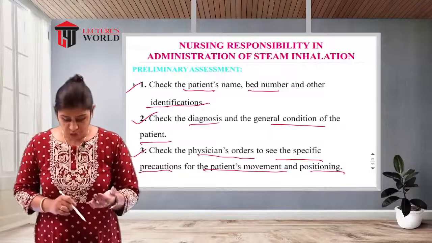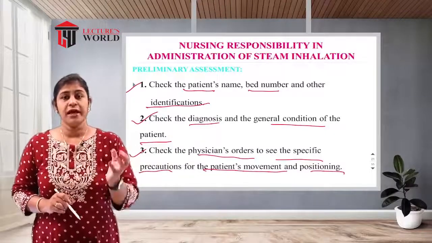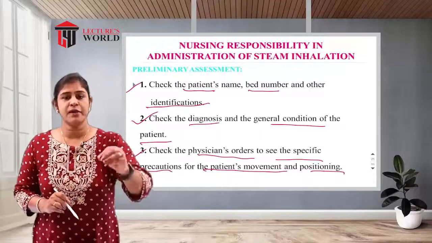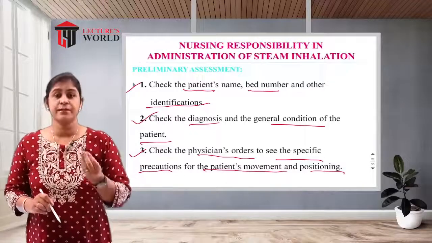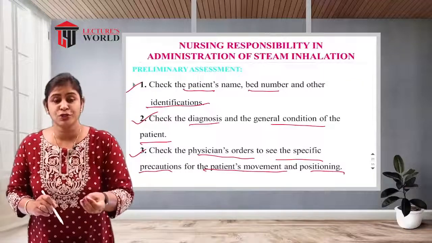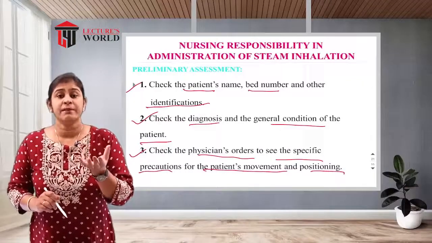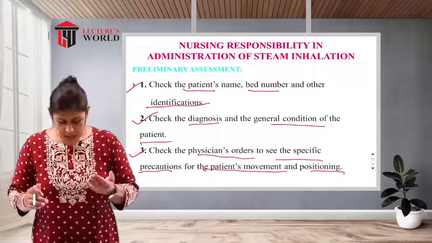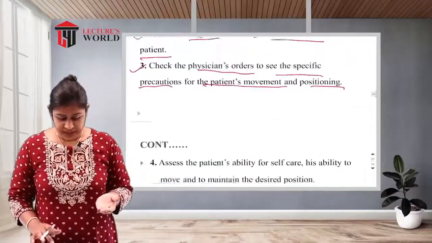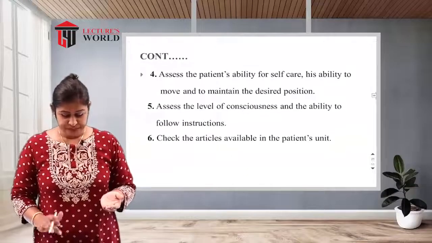You have to check for any special instructions given by the doctor, or any special movement or positioning prescribed or advised by the doctor, as written in the patient's file.